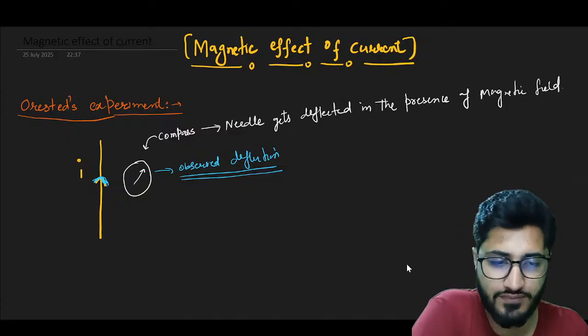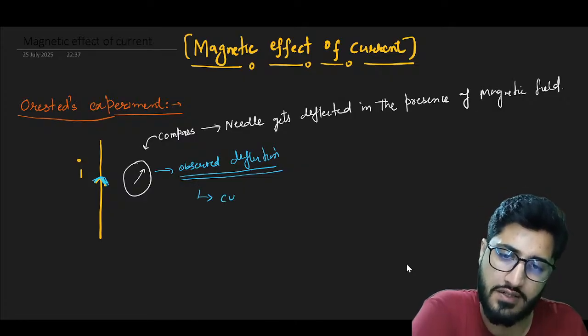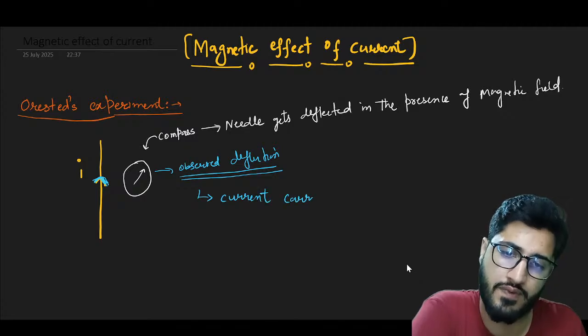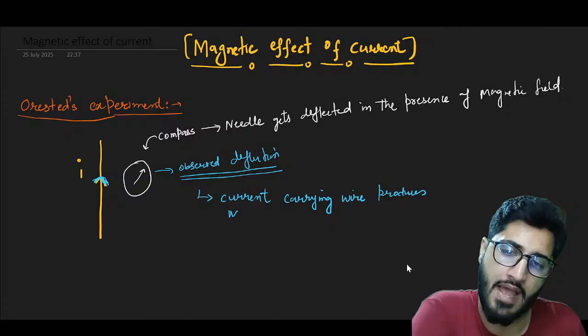Done? So you can write here: current carrying wire produces magnetic field only.